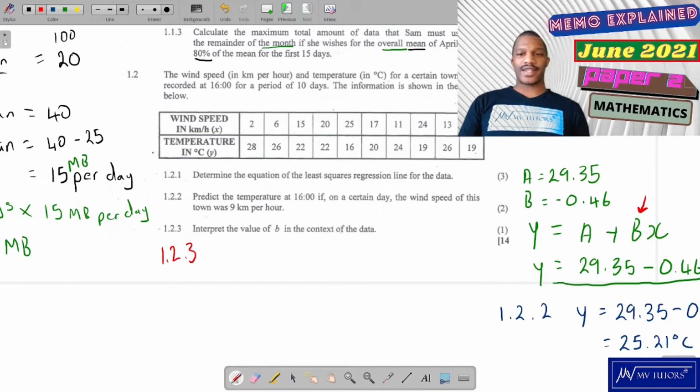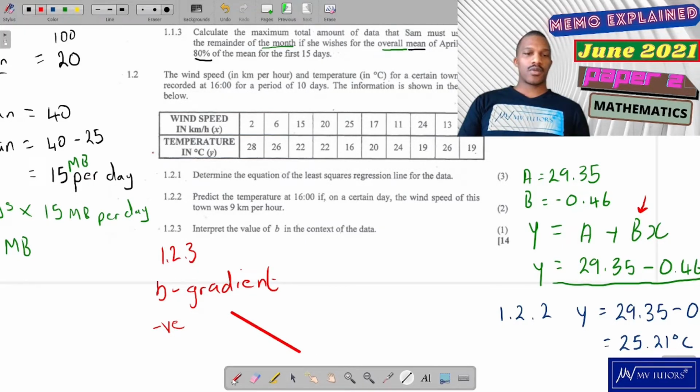If you look at the equation of that line, B is the gradient, and it's a negative 1. So if it's a negative 1, it means that if you were to draw the line, it would be like that.